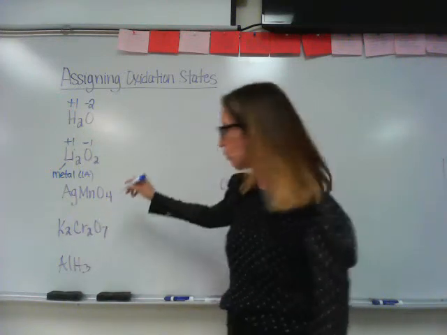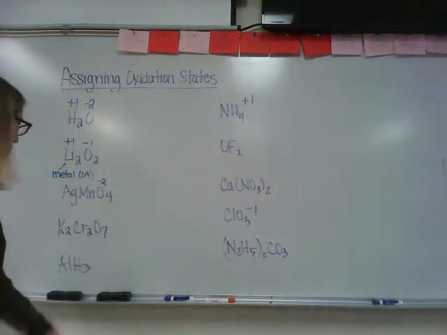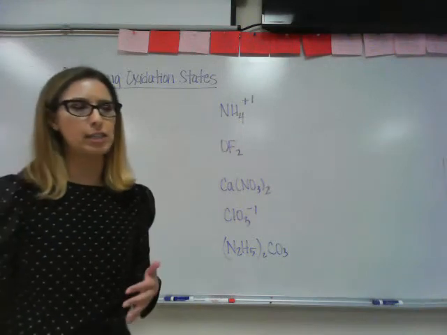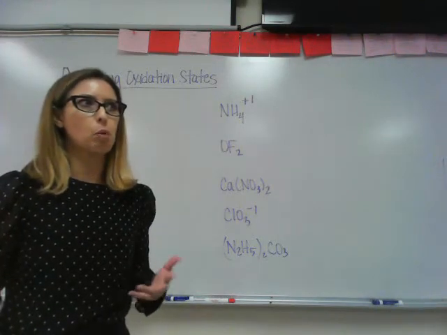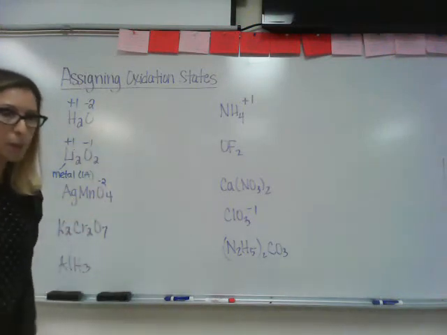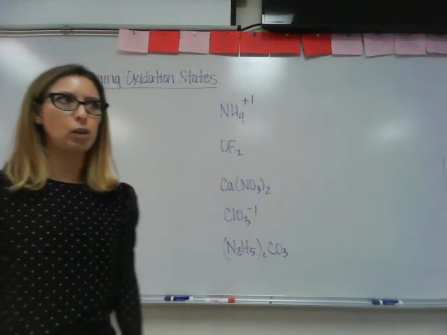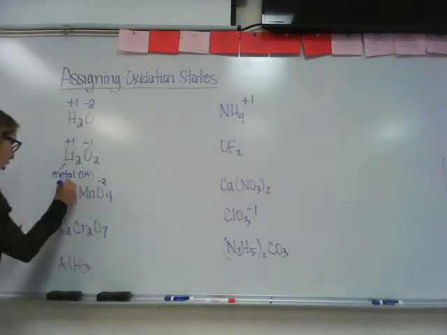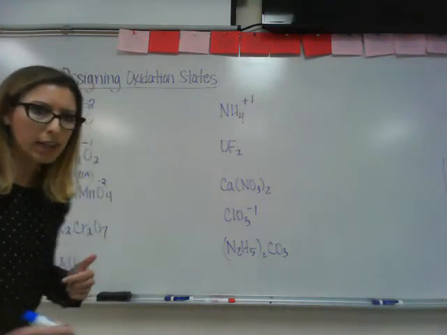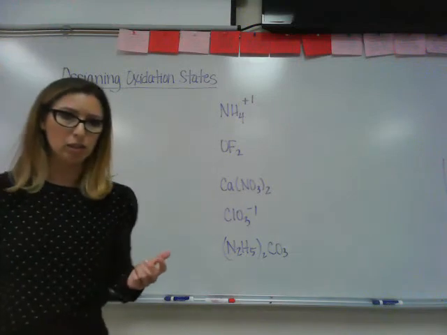AgMnO4, assign oxygen first. Oxygen is usually a -2. Then what you want to do is assign the silver. Silver usually has an oxidation state of +1, which is the same as its charge. So we put the +1 on the silver. Then we're going to calculate Mn, because we have no idea what its oxidation number is.